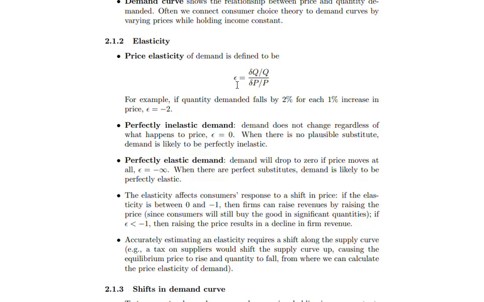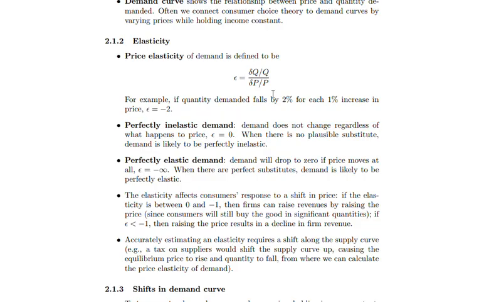That means if you raise your price 1% higher than before, then your demand will fall 2% from before. So it must be negative. Okay, so epsilon is negative 2.